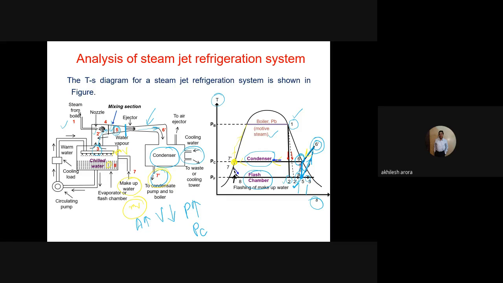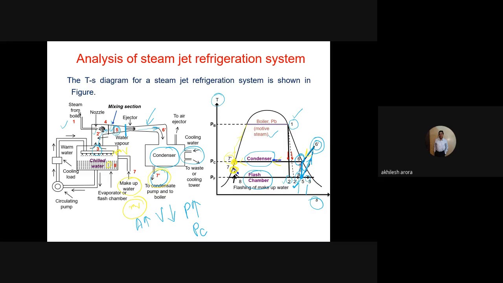So now this makeup water is available, let us say at state point 7. This condenser temperature, see this 7 dash is the condensate temperature. It will always be higher than the surrounding water temperature. You can understand this. If the outside water temperature is say 30 degrees Celsius, then this condensate will be at 32 or 33 degrees Celsius. So that is why the temperature of the water which is entering into the evaporator is a little bit lower. So it will be at 30 degrees Celsius.